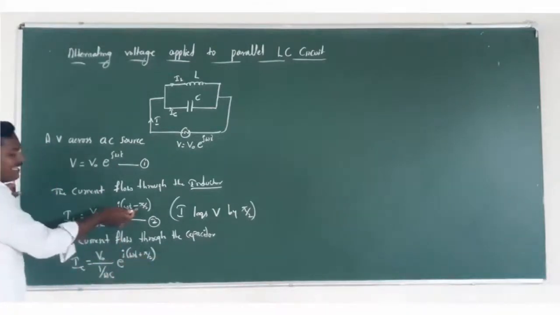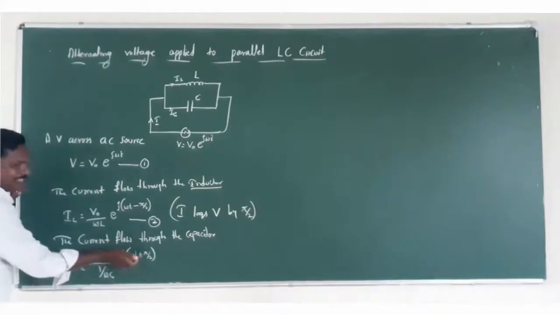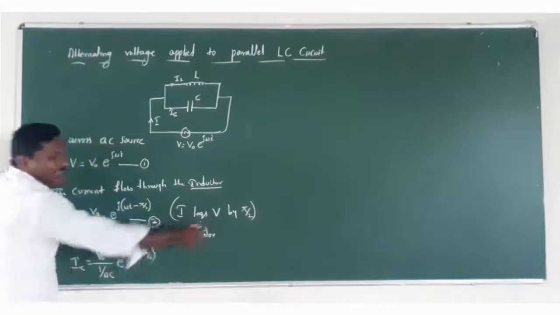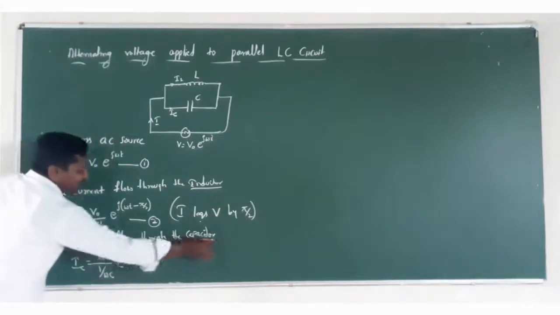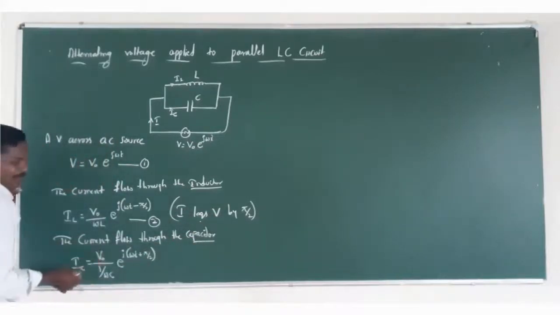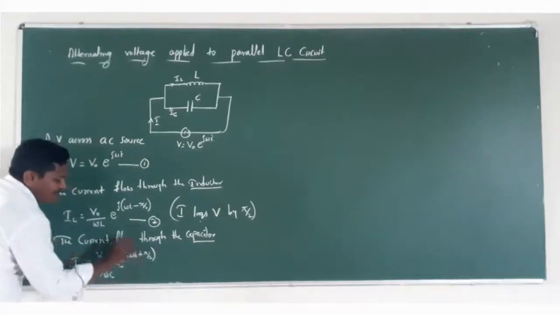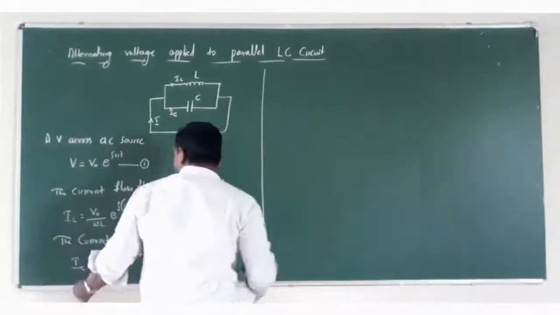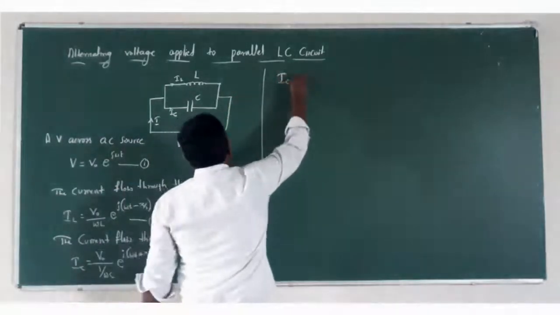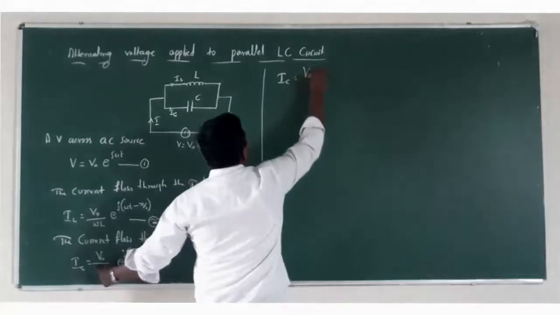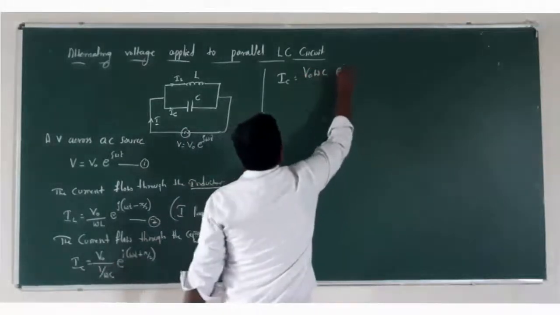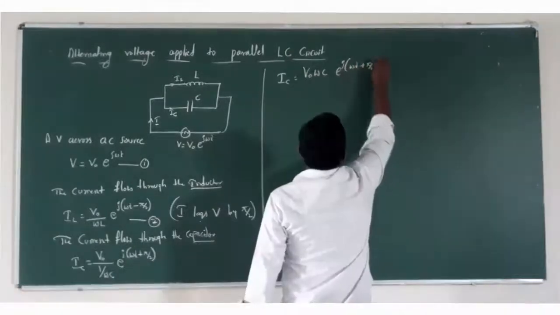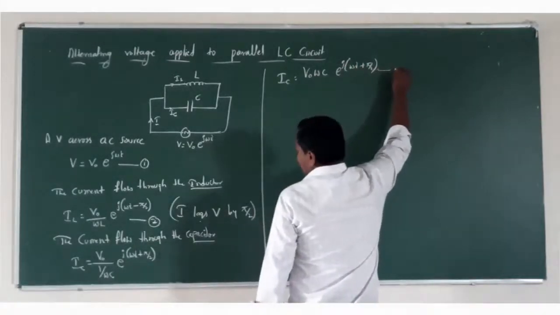Here we took a minus pi by 2 and here a plus pi by 2, because in case of an inductor the current lags behind the voltage by pi by 2, but in case of a capacitor the current leads the voltage by pi by 2. Therefore, we are using a positive sign here. This can also be written as IC equal to V naught omega C e raised to j omega t plus pi by 2. Equation number 3.